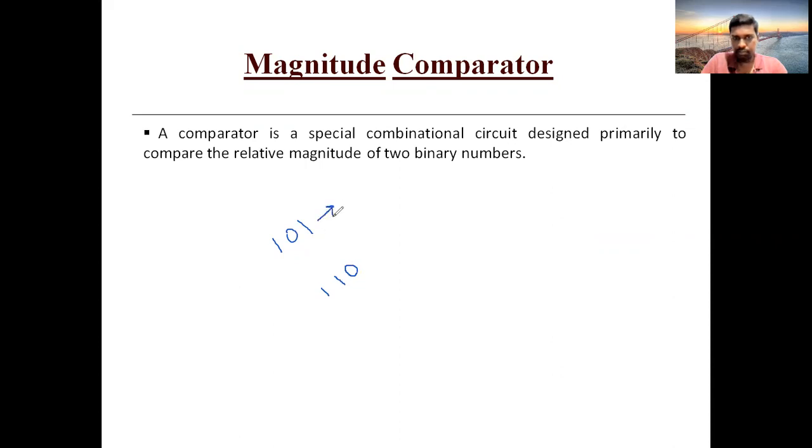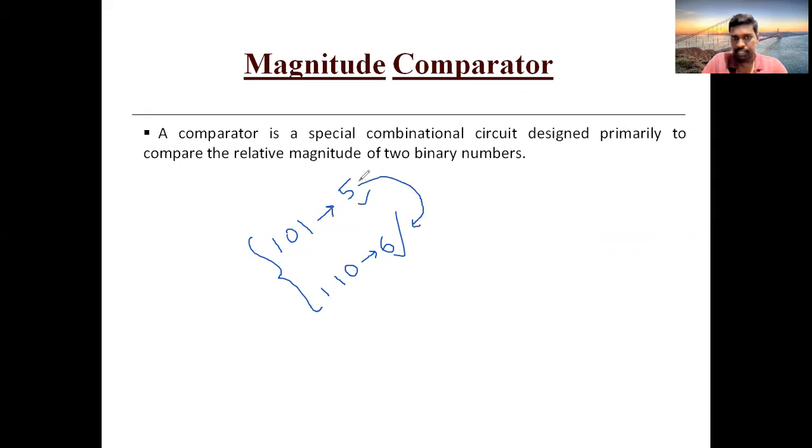What is the decimal value of 101? It is 5. What is the decimal value of 110? It is 6. You call this 5 and this 6 the magnitudes of these two numbers. So this magnitude comparator will compare these magnitude values.